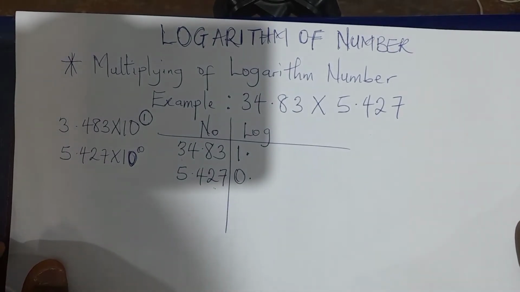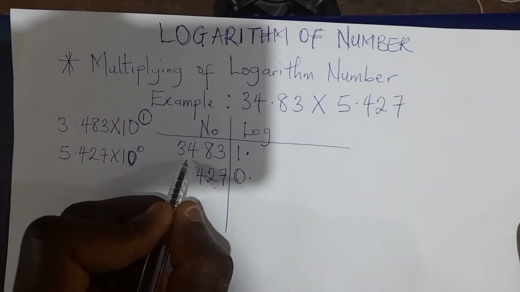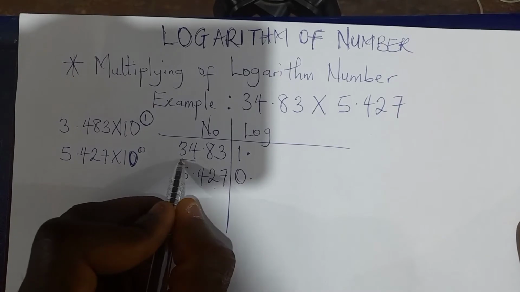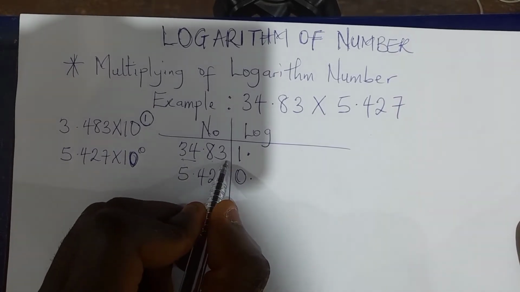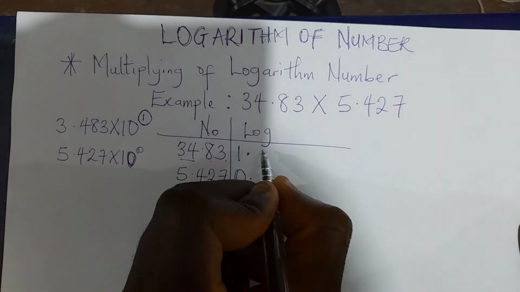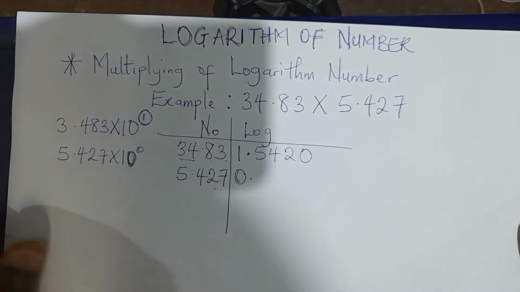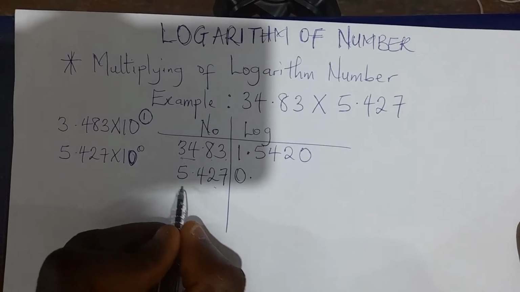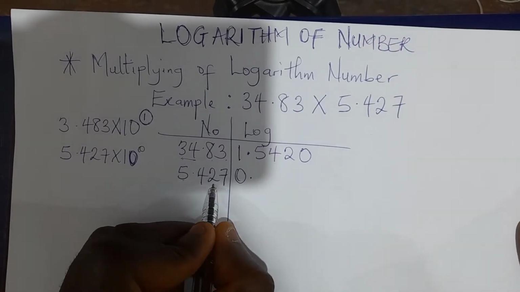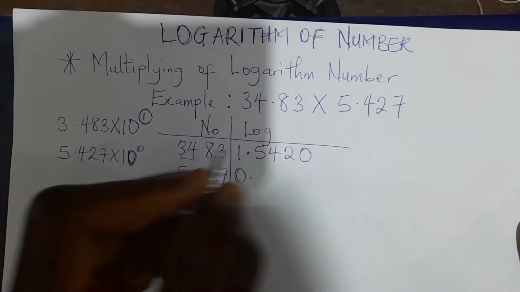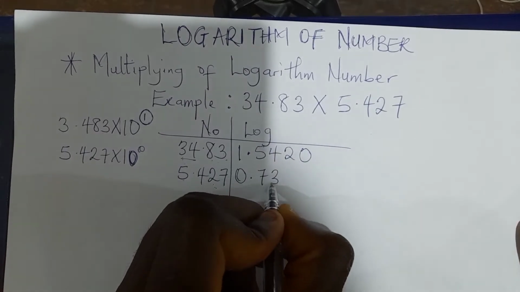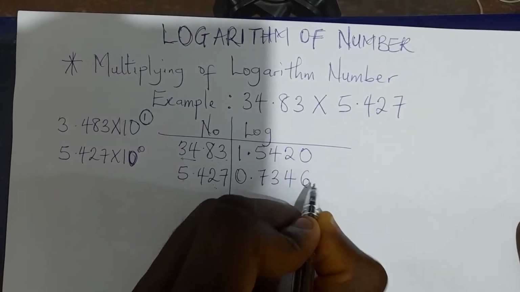Now what's the question here? You're meant to look for 34 under its difference 3, which will give us 5420 in total. Now this will be 54 under difference 7, which will give us 7346.